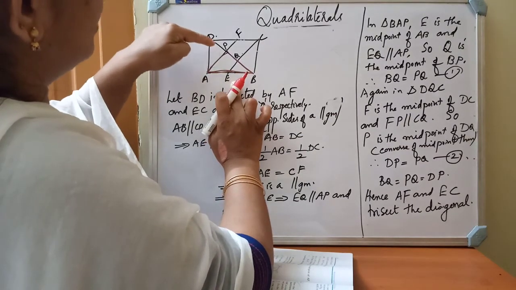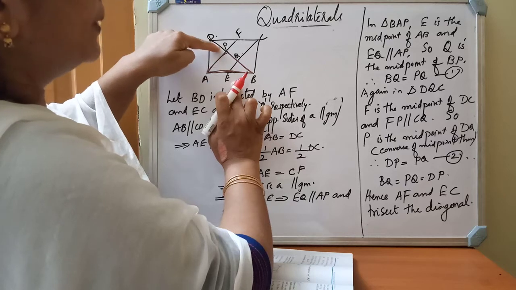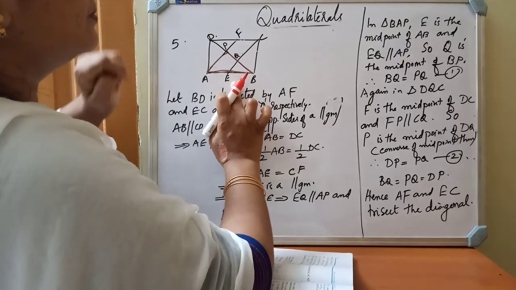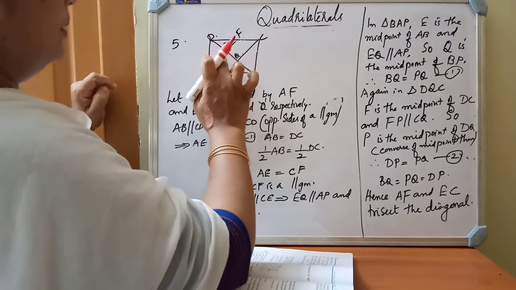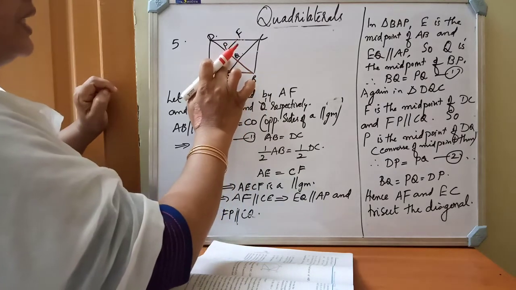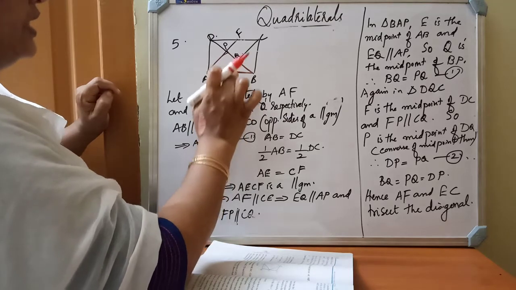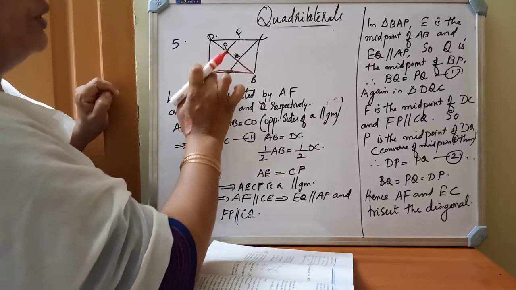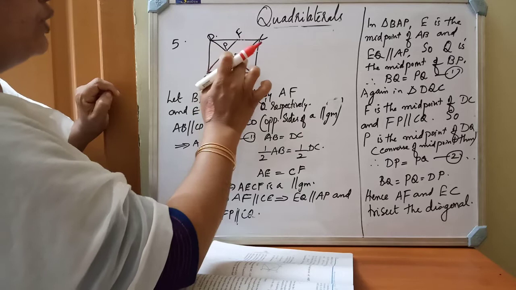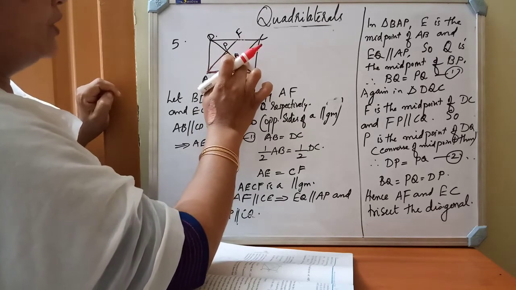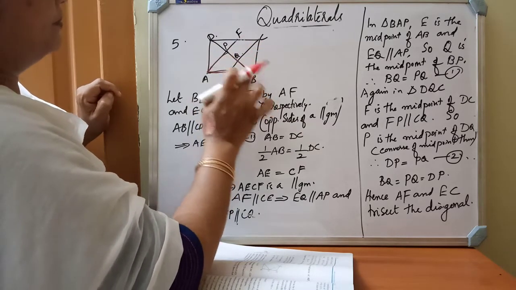So automatically we can say that Q is the midpoint of BP.